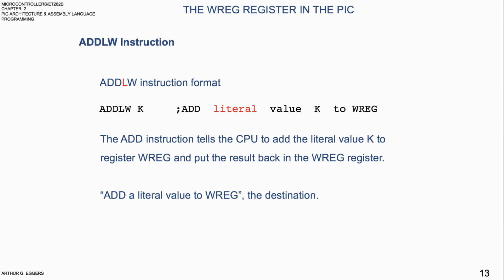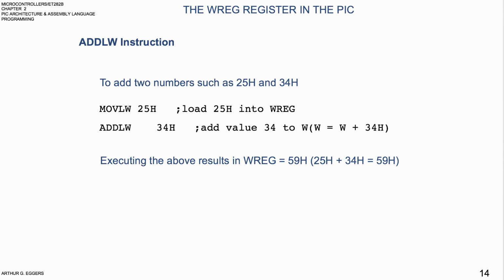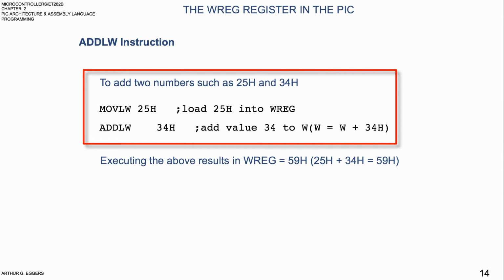Add two numbers, and we'll see that. We're going to add two numbers, 25 hex and 34 hex, together. So the first thing we have to do is load the value into the working register. So move the literal value 25 hex into the working register.